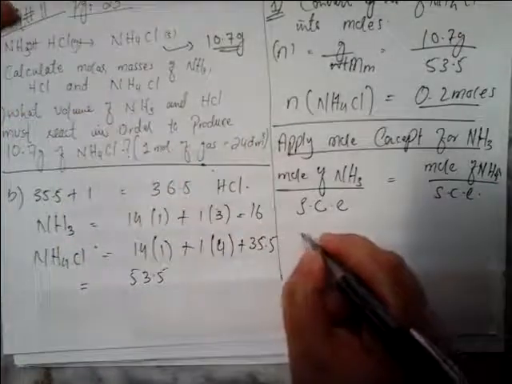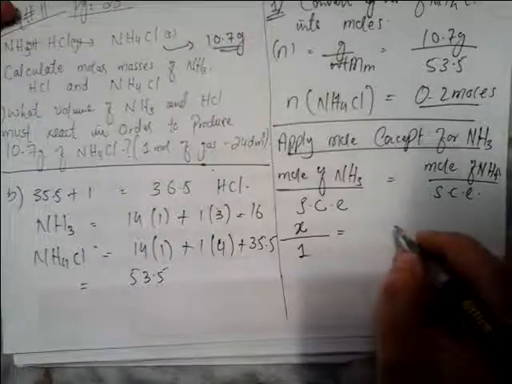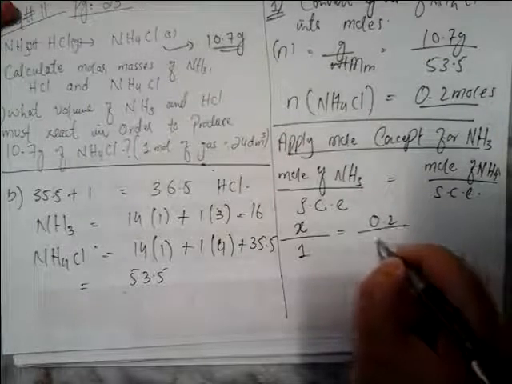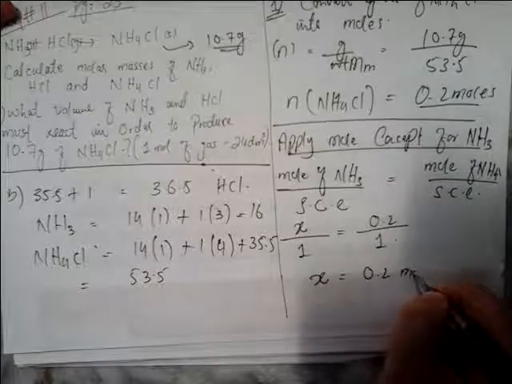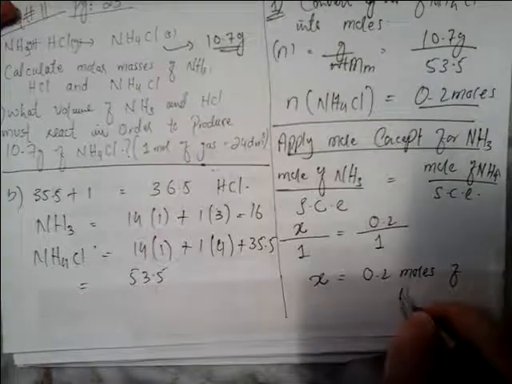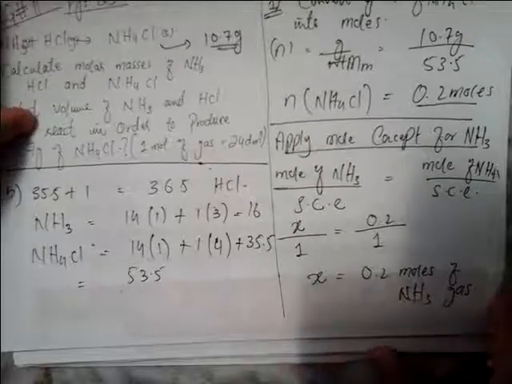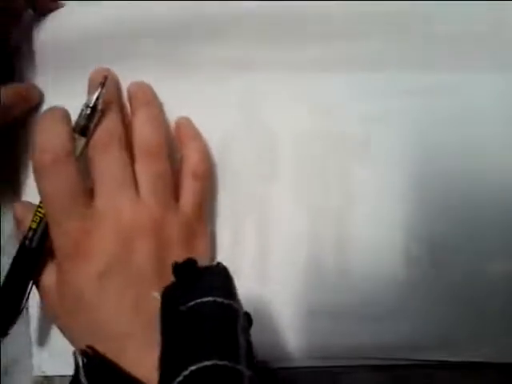So moles of ammonia, which is X divided by 1, and moles of ammonium chloride is 0.2 moles divided by stoichiometric coefficient 1. So X comes out to be 0.2 moles of ammonia gas. Is that clear? So I hope that you are getting the question. The same way we will have to apply the mole concept separately for hydrochloric acid.